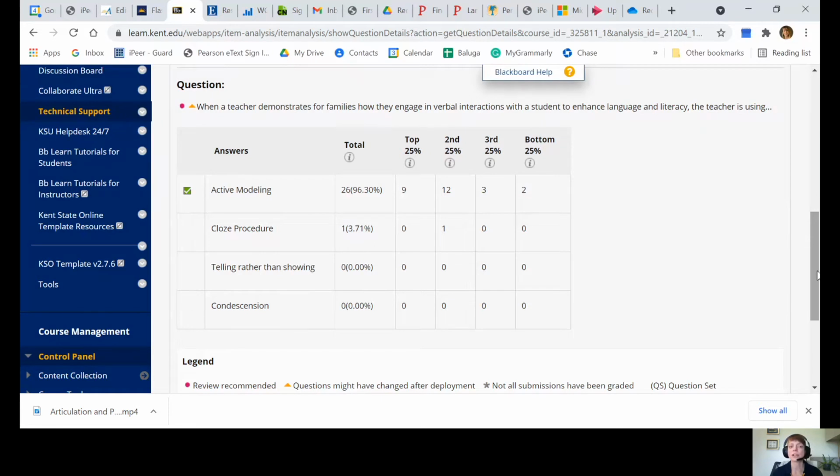When a teacher demonstrates for families how they engage in verbal interactions with a student to enhance language and literacy, the teacher is using active modeling. So perhaps we're having a parent meeting, and I would say to the parent, if I had your student with me, I could enhance language and literacy by saying, "Oh, I see that you're learning about the Renaissance.